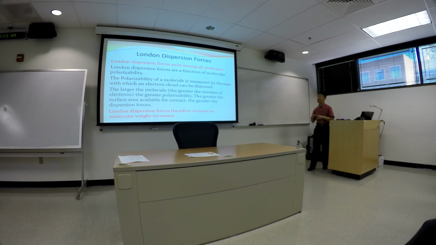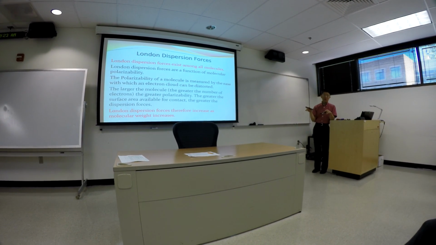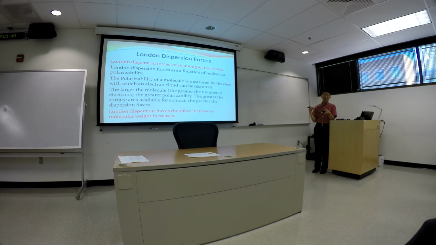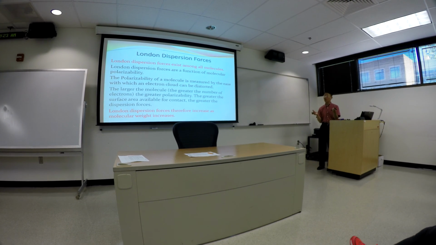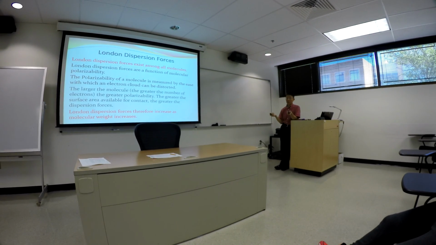And again, London dispersion force therefore increases as the molar mass increases. I should change that from molecular weight to molar mass. So as the molecule is getting bigger and bigger, it's easier and easier to distort its electron cloud, making it experience a higher amount of London dispersion force.